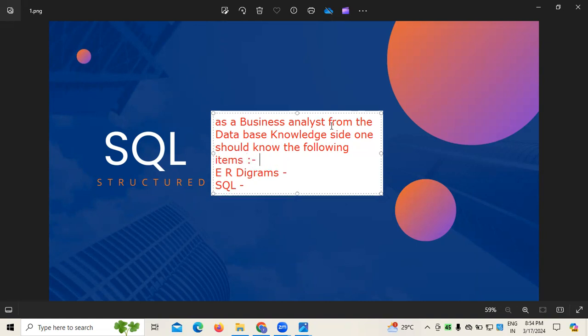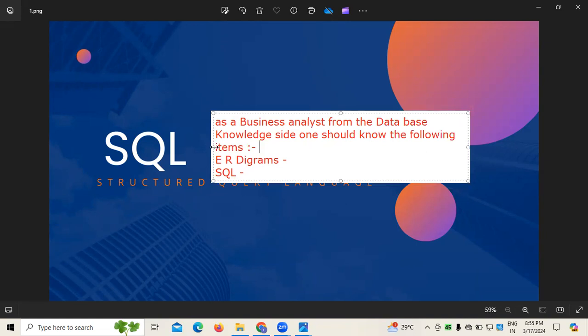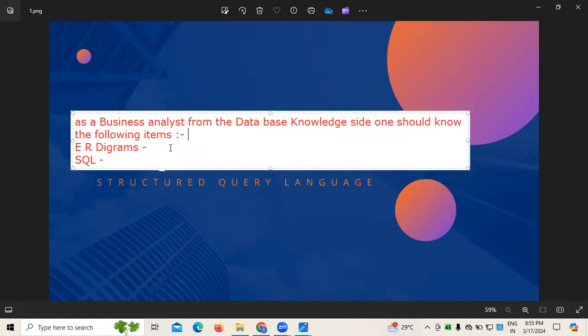The first one is ER diagrams. What is an ER diagram here? ER diagram stands for entity relationship diagram.